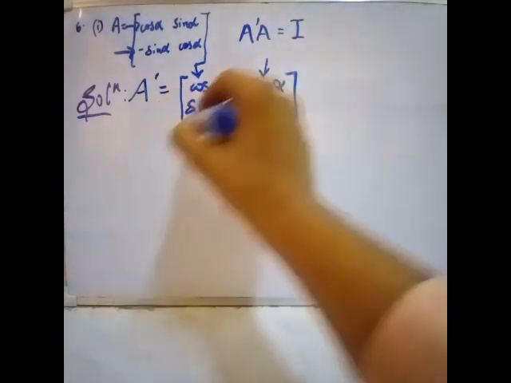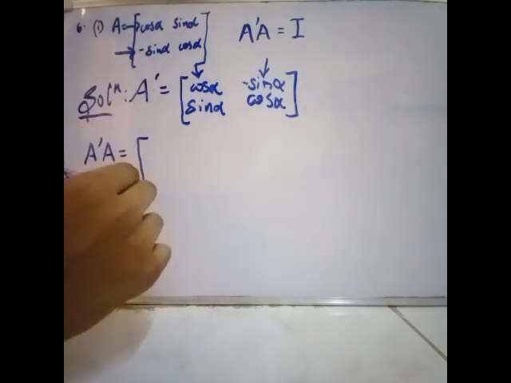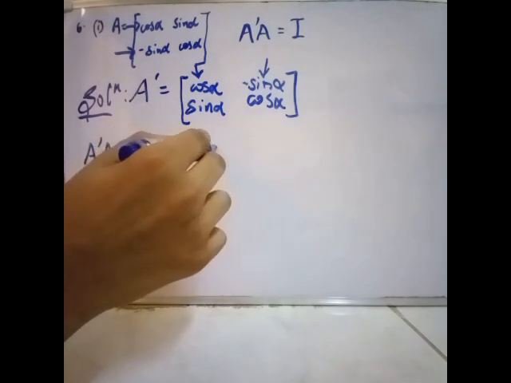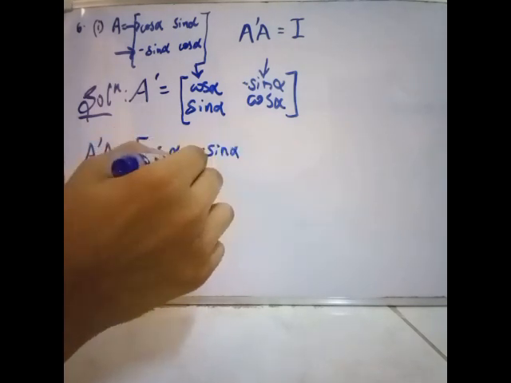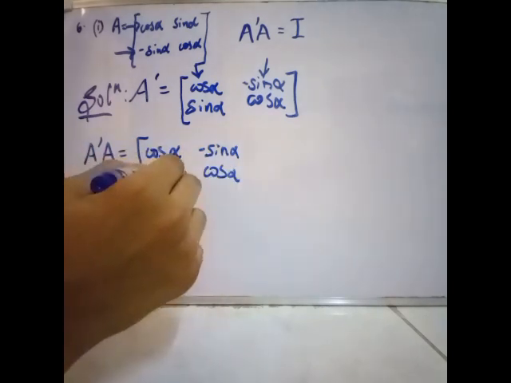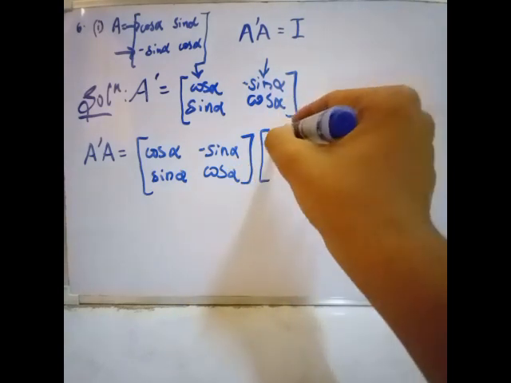So now we have to find out A dash A, right? So we have to multiply the A dash matrix which we found now with the A matrix already given in the question, right? So let's do it.